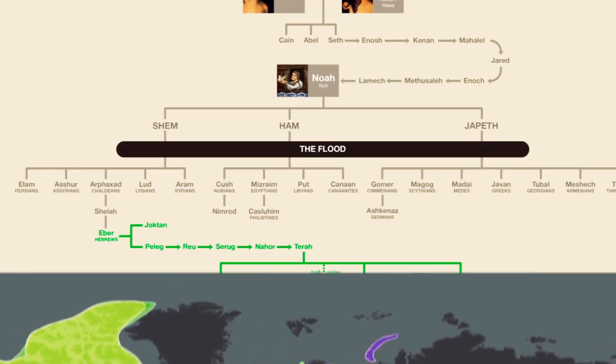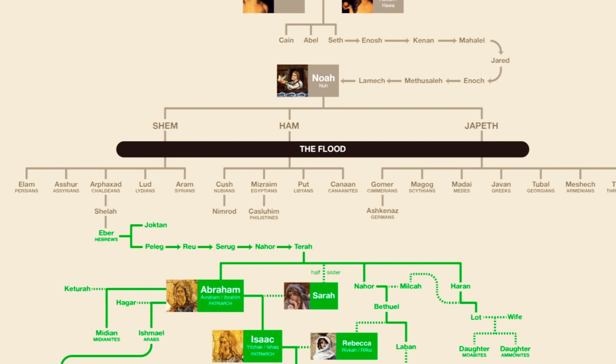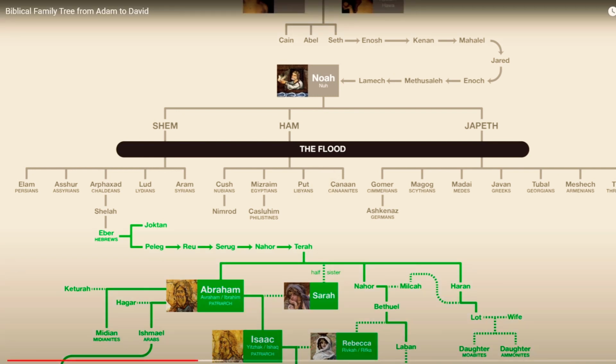But the authors of the Bible did not have knowledge of DNA or historical migration patterns. But I don't think that matters, though. Because even if they didn't have that knowledge, they are saying here, okay, people from this part of the world are from Shem, this part of the world from Ham, and this from Japheth.